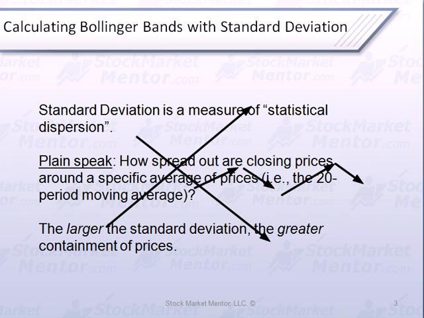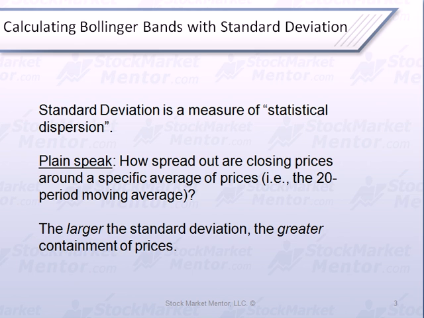All we want to know is how close or far away are all the closing prices relative to that moving average. And this is obvious, but sometimes it's only obvious after it's explained. If it's a 20-period moving average, the only thing that the bands are calculated on is those last 20 periods, those last 20 data points.